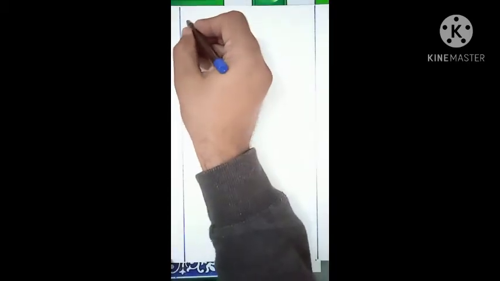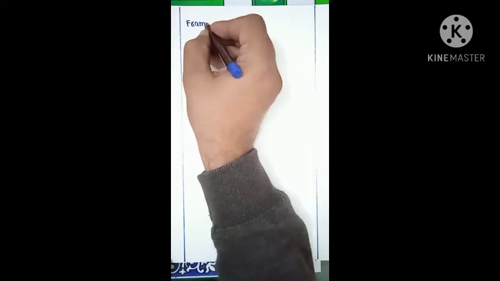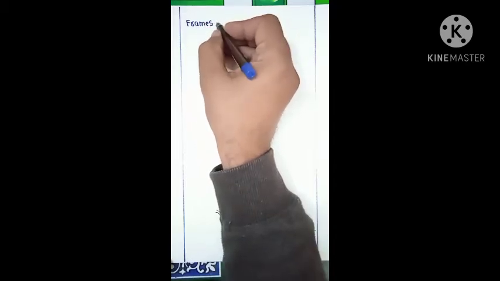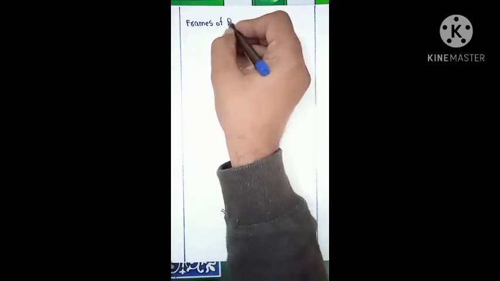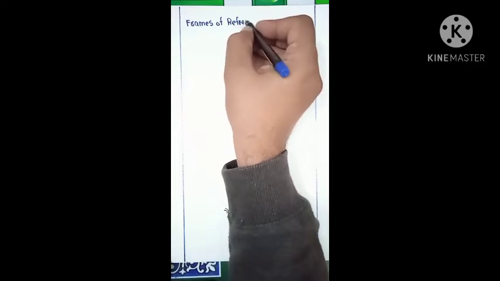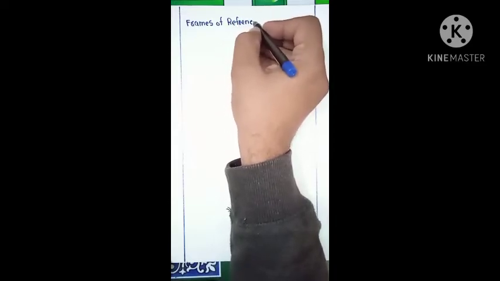Frames of reference. Dear students, you may have studied this before, just for your review. What do you mean by frames of reference?